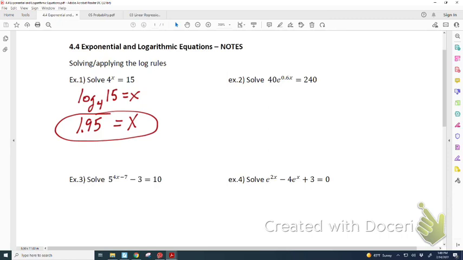On number 2, it looks a little different because of that 40. We need to isolate the e. Or another way of thinking about it, get rid of the 40. So we can do that by dividing both sides by 40.